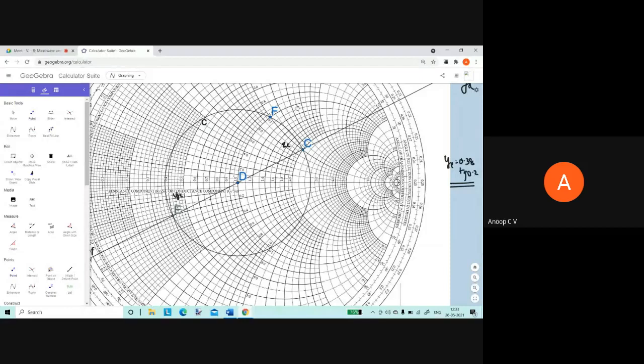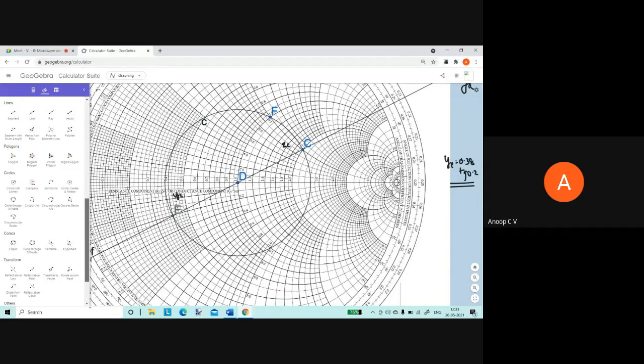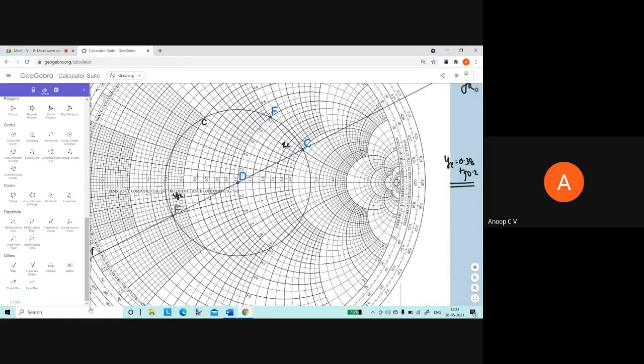This point F is actually our YD, that is G equal to 1 and B equal to 1. So I'll write YD is equal to G equal to 1, comma B equal to 1, or 1 plus JB. That is actually our YD.